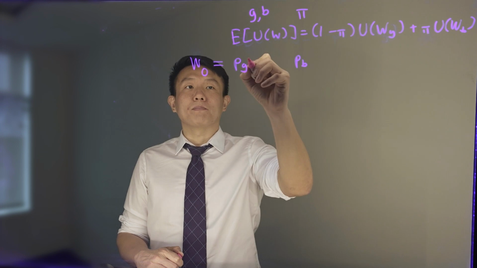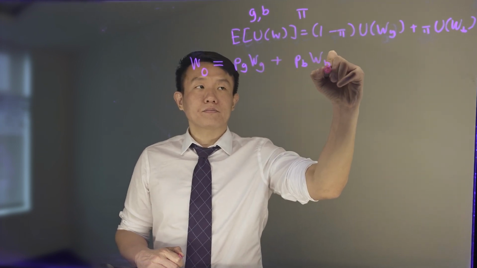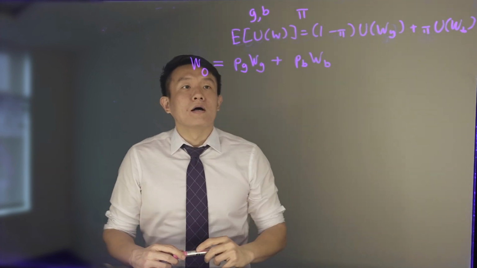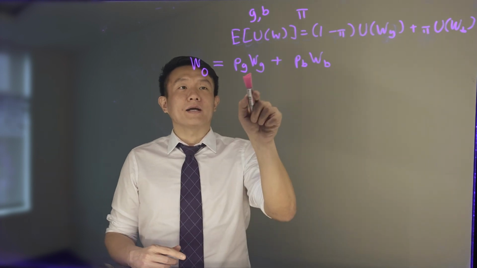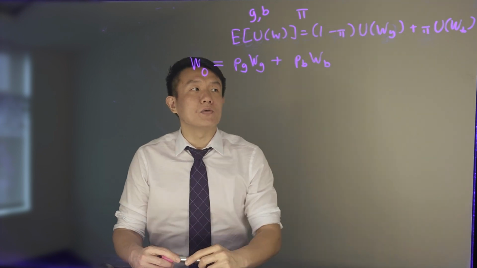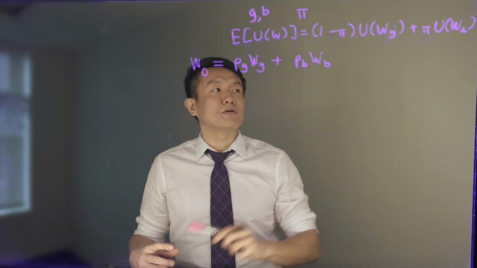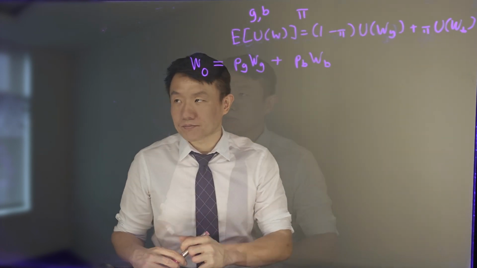W_0 is equal to P_G W_G plus P_B W_B. So you are starting off with wealth W_0, and you're buying W_G units of the good state asset and W_B units of the bad state asset, meaning that your payoff in the good state will be W_G, your payoff in the bad state will be W_B.